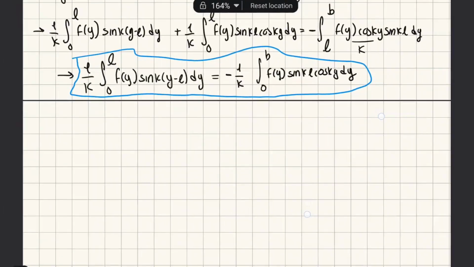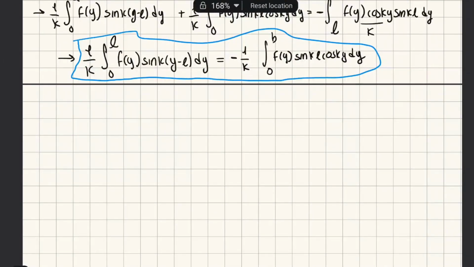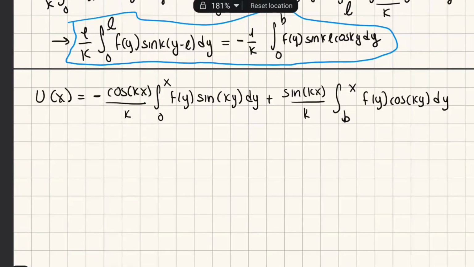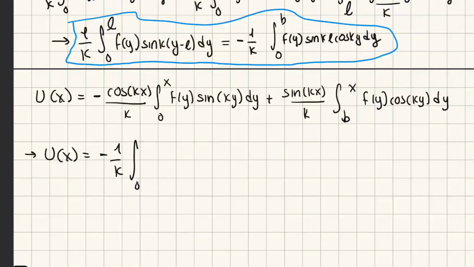Okay, so just let me bring back what we had found for u of x. Okay, and this was the expression that we found for u. Recall that I have already substituted the value of a. So from here, we have that u of x is equal to minus 1 divided by k, the integral from 0 to x of f of y.